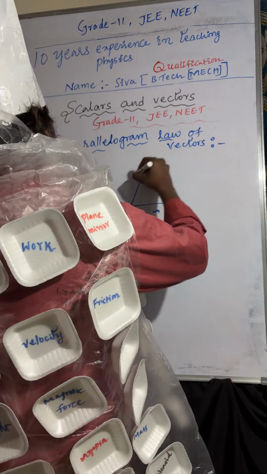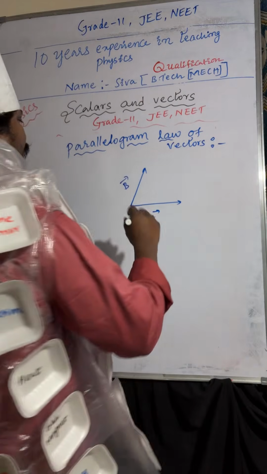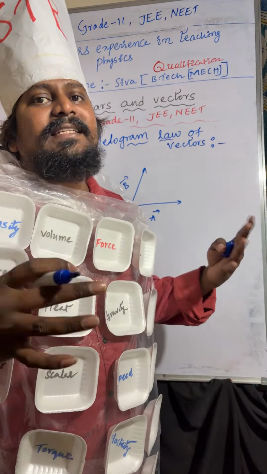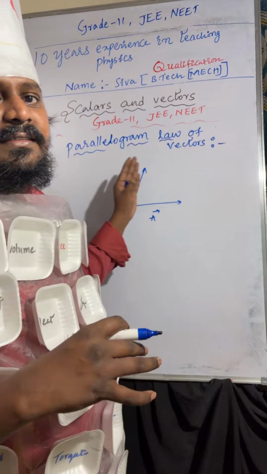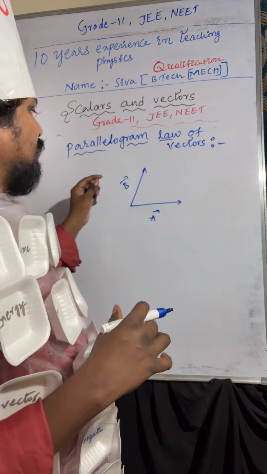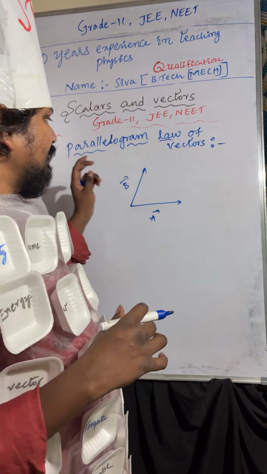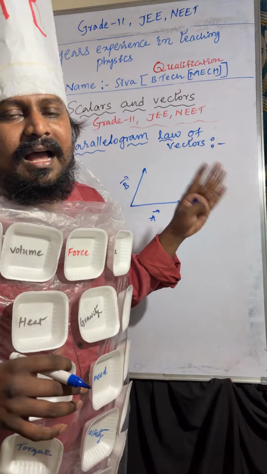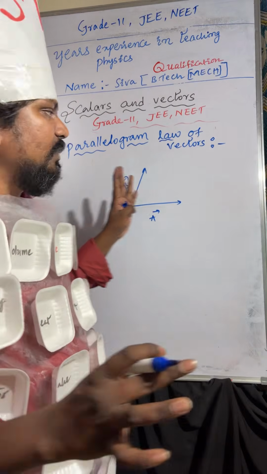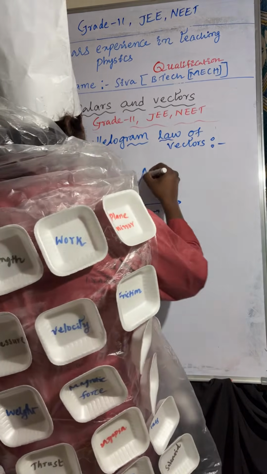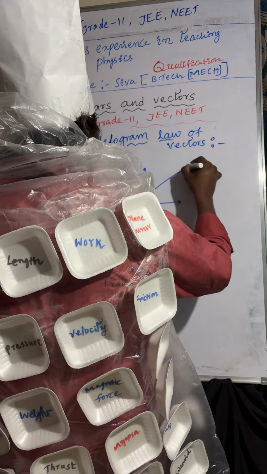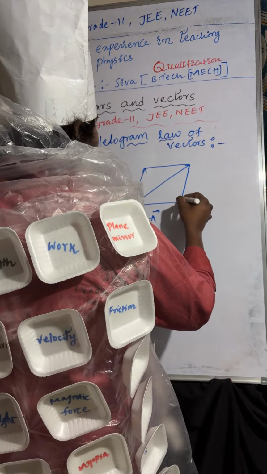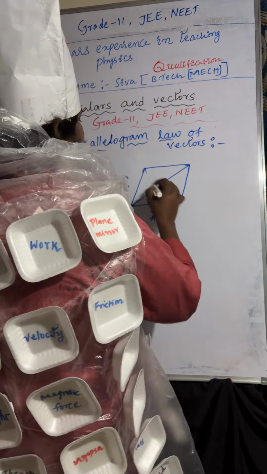A bar and B bar are acting at one point along the two adjacent sides of the parallelogram. Understood? Both are acting at one point. And the resultant is the diagonal of the two vectors acting at the same point. Understood or not? This is the resultant.